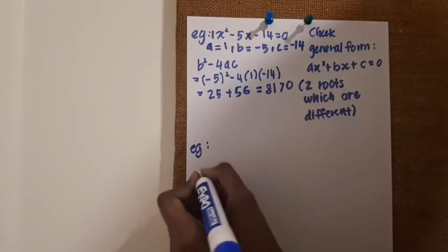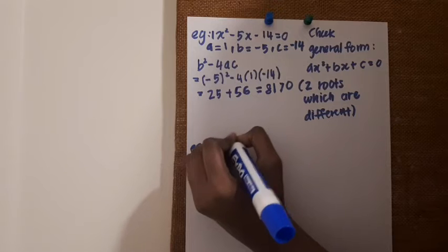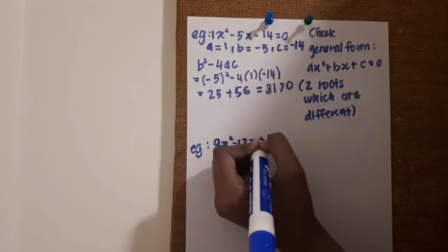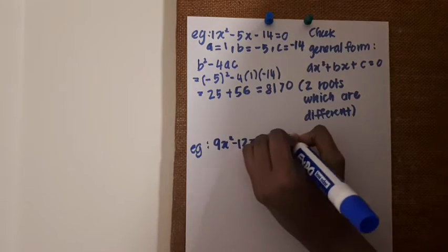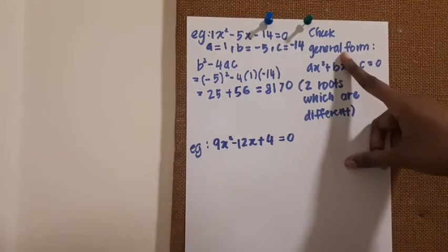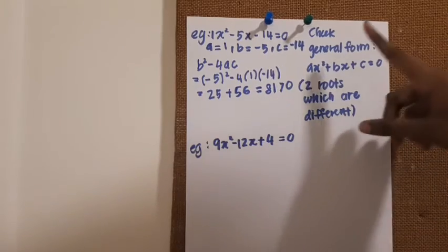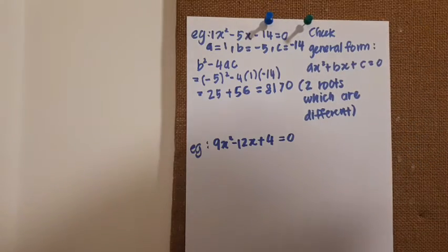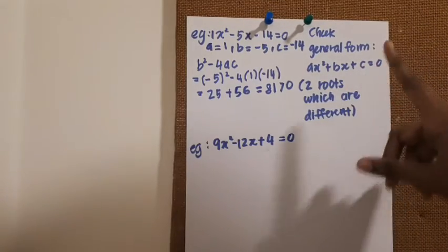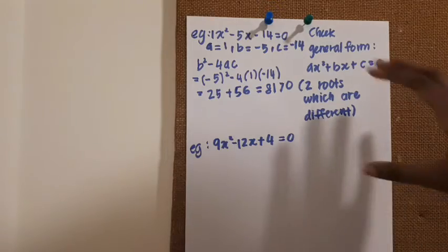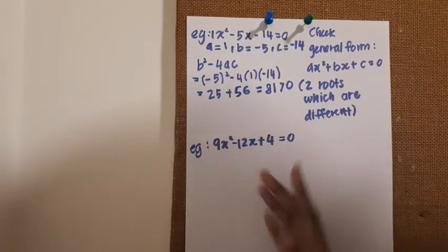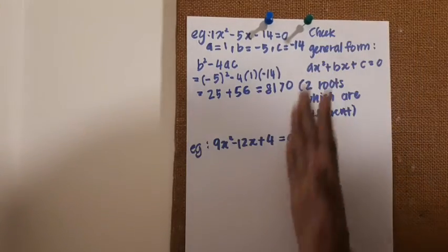For example, let's take 9x squared minus 12x plus 4 equals 0. Make sure, before whatever you're doing, to check if this equation satisfies the general form. And yes it does, because we can see the equals to 0 sign, the x squared term, the x term in the middle, and the constant c at the end.